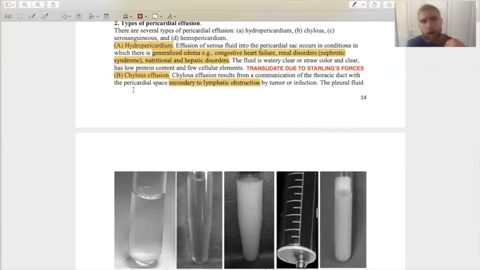So hydropericardium, this is going to be just serous fluid, might not be serous, might have a low protein count, might just be watery. So this is going to be a transudate or an exudate, depending on whatever Starling's force is at play here. So we know that the difference between those is that with an exudate, there's going to be endothelial dilation, right? And then individual endothelial cells spread farther apart and they become leaky.